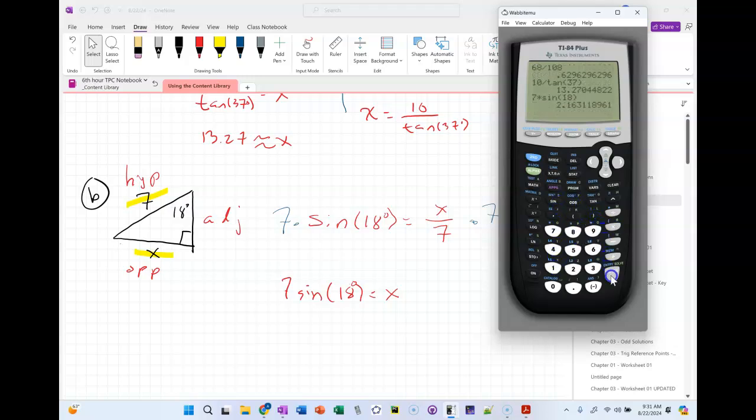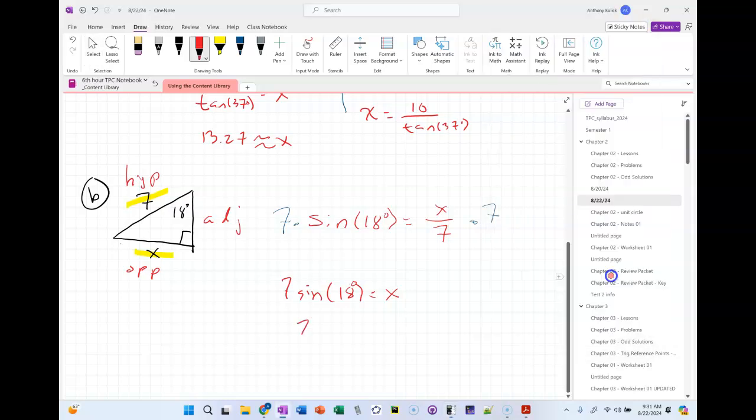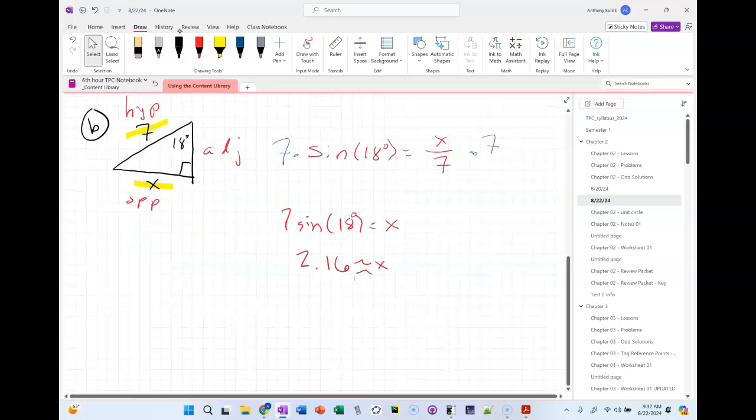Make sure that you're getting the same numbers. So I got 2.16. So far, so good? Okay. Questions so far? Still feel good? It's coming back. Okay.